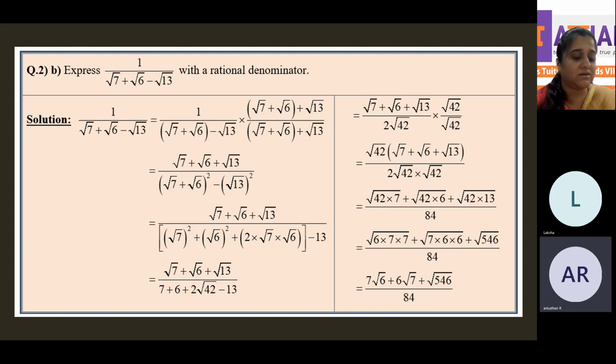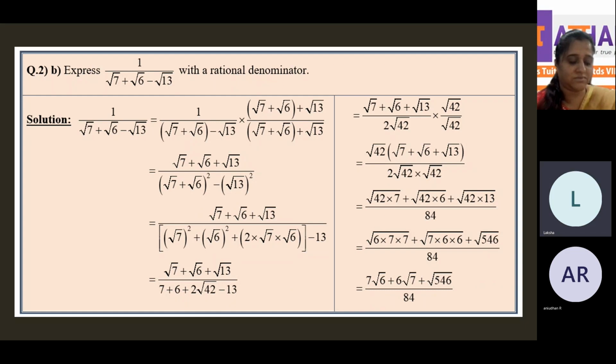Ma'am, Anirudhan sent us the. Yeah, I'm checking your picture, Anirudh. Laksha, kindly write down the correct answer. Perfect, Anirudh.